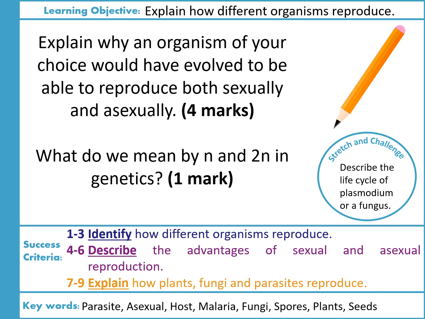Remember, there is additional support for you on pages 200 and 201 in your textbook. And for those of you who like a challenge, there's also stretch and challenge questions on these slides. And one was to imagine a world without reproduction. You could have a go at that if you wanted to. Or describe the life cycle of Plasmodium or a fungus.